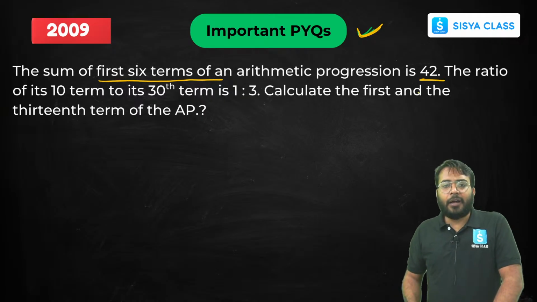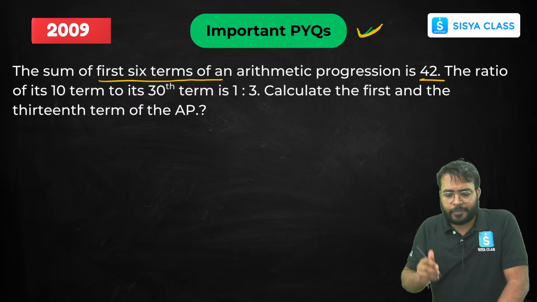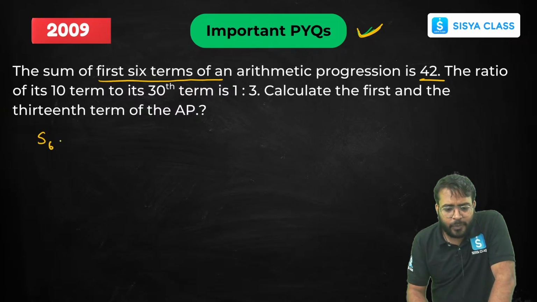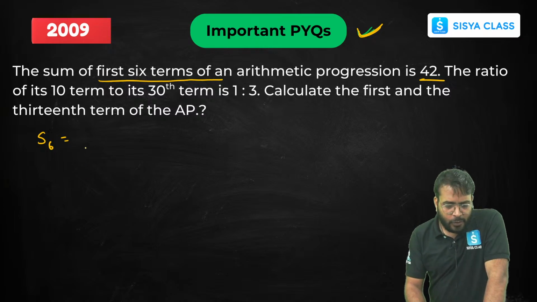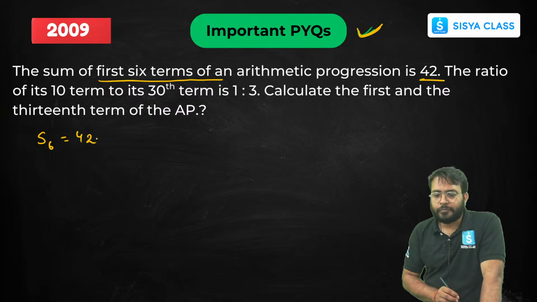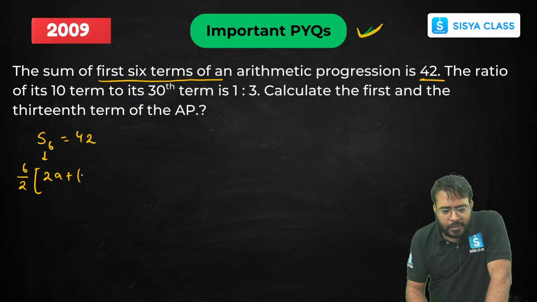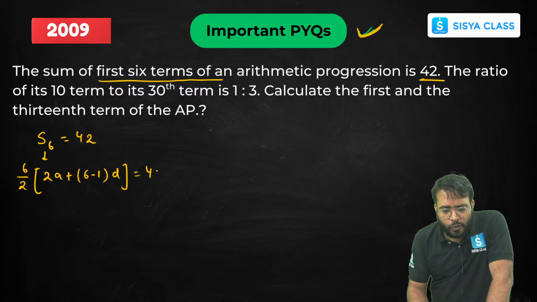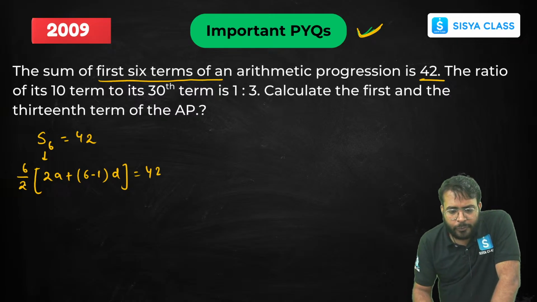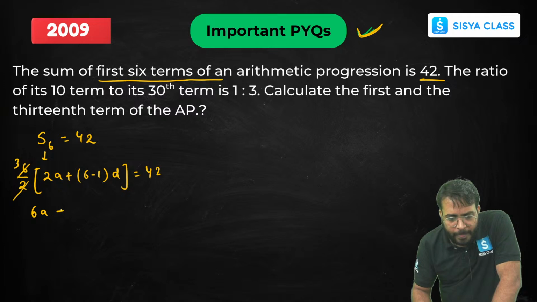They are saying the sum of the first 6 terms, which means S6, is 42. What does S6 mean, beta? S6 means 6/2 into 2 times a plus (6 minus 1) into d, is equal to 42.